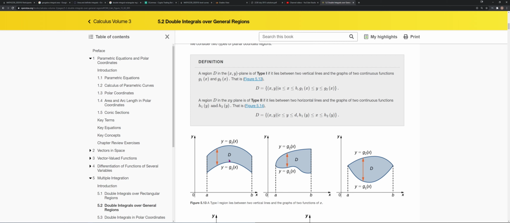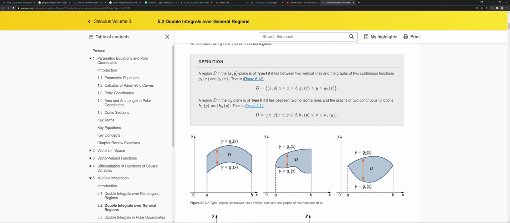So any point over here satisfies x lying between a and b, which means it lies between these two vertical lines. And y lies between g1 of x and g2 of x, so it lies between these two graphs of functions.